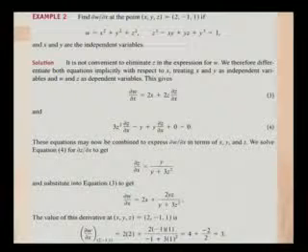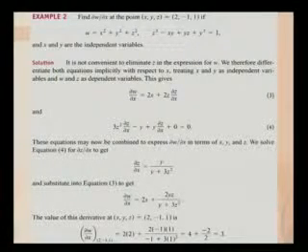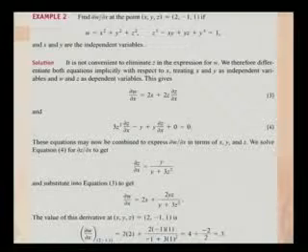We solve equation 4 for del z by del x, and if we solve this equation we will get del z by del x is equal to y upon y plus 3z square, and substitute into equation number 3, we will get del w by del x is equal to 2x plus 2yz upon y plus 3z square.